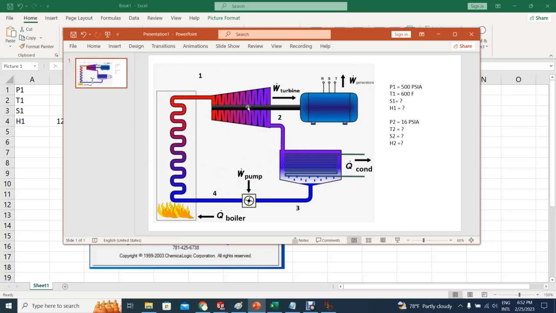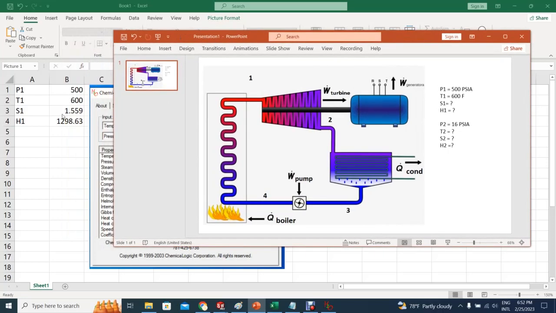All right, so we know that we need this pressure to 16 psi, but we also know that we need to establish that this condition 2 will happen when S1 is the same value that we calculated before. If we move nearby, S1 is 1.559. So what this means?